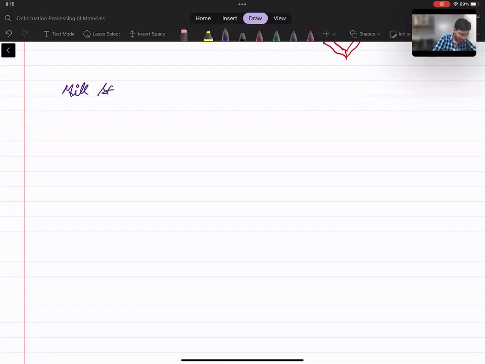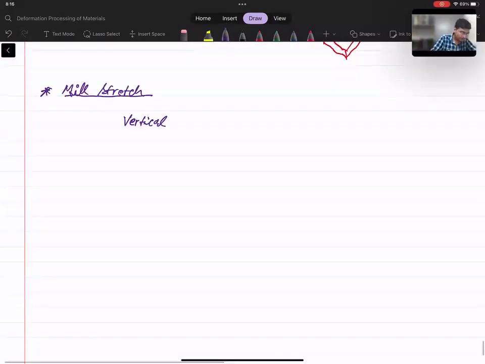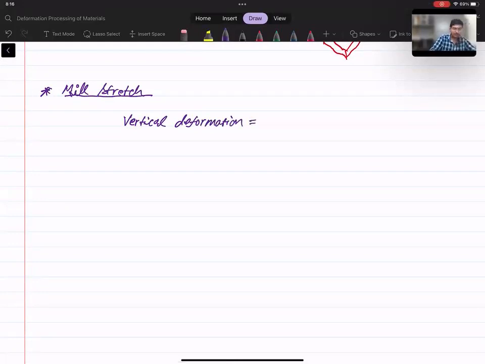So total vertical deformation will be the summation of deformations of various components like deformation of rolls and the dead load, everything.